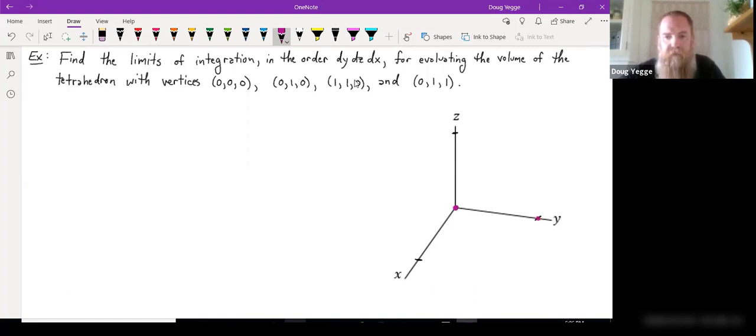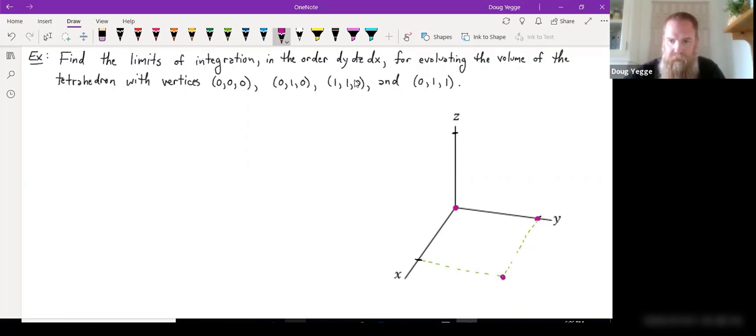So here's another point over here. 1, 1, 0, so that's still the z value of 0, but it's going to be at the point in the xy plane, 1, 1. Okay, and so this is going to be the point 1, 1, 0.